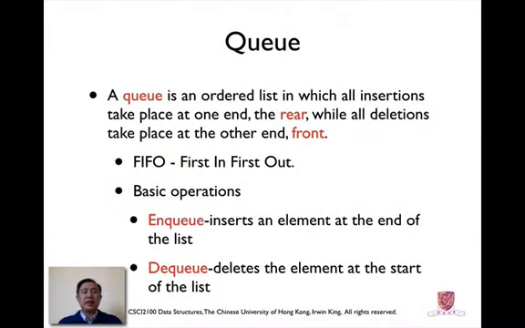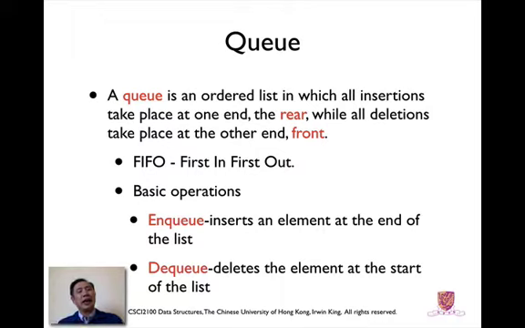A queue is an ordered list in which all insertions take place at one end, the rear, while all the deletions take place at the other end, which we call the front.